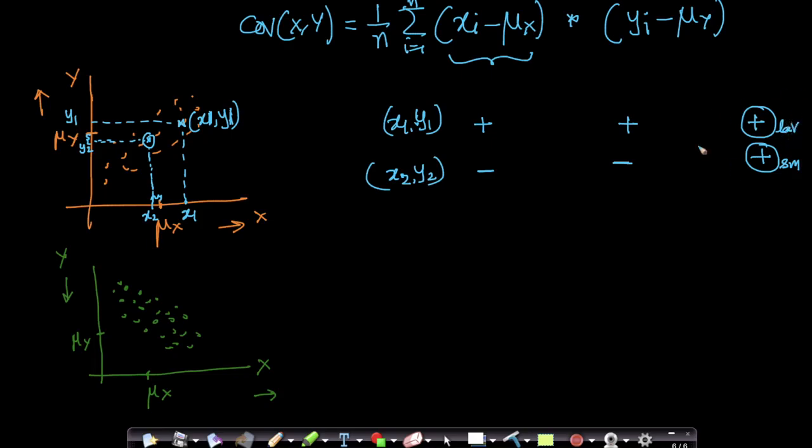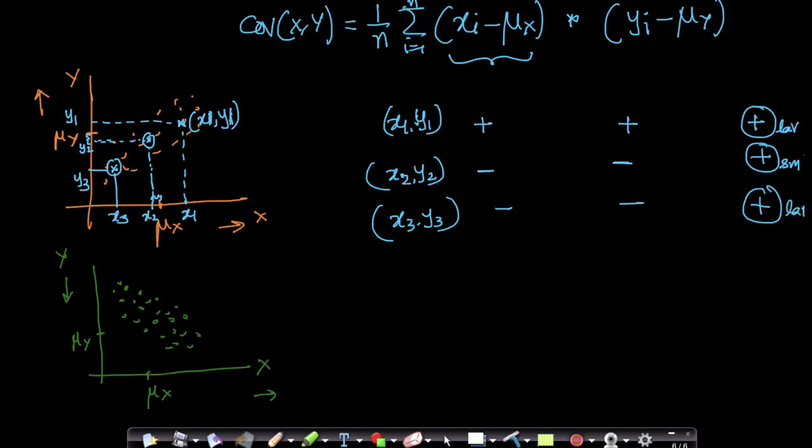But nonetheless, both of them are going to be positive. So let's take an x3 here. Similarly, this will be my x3, this will be my y3. Similarly for x3 comma y3, this is going to be negative and this is going to be negative because it is on the left of mu of x and this is below my mu of y. But it will still be positive, but it will be a larger positive.